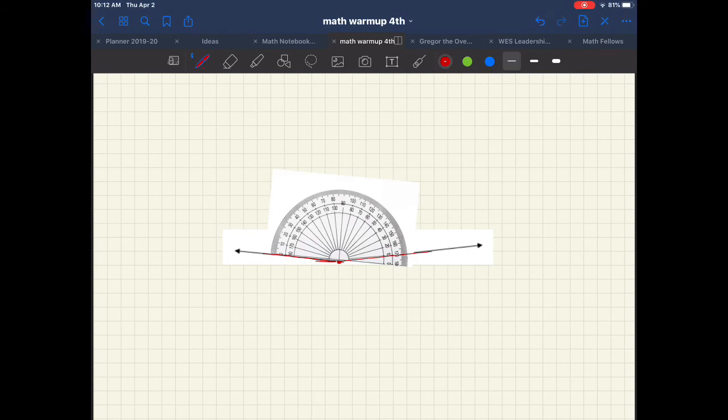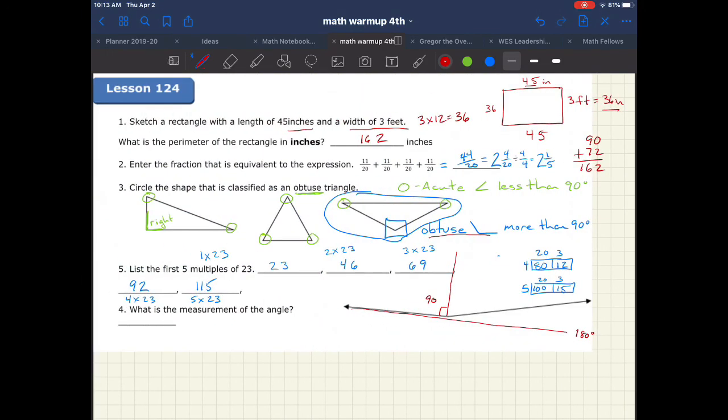And even though this protractor says both 10 and 170, a 10-degree angle would be super sharp. It would be acute. Since this is an obtuse angle, we need a number more than 90, and that's how we know to use 170 and not 10. So we'll say 170. If you estimated and got something close to that, you're fine. But it's a pretty wide angle, so it should be way over 150.